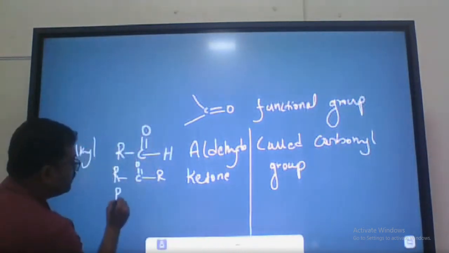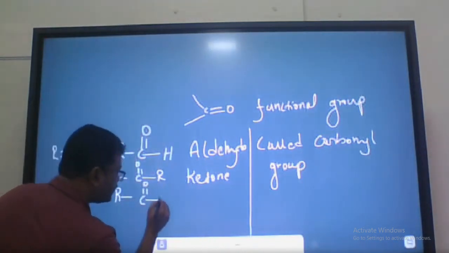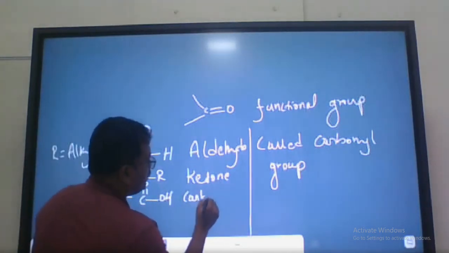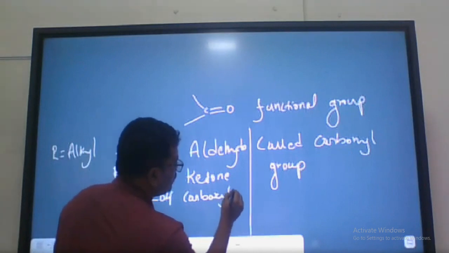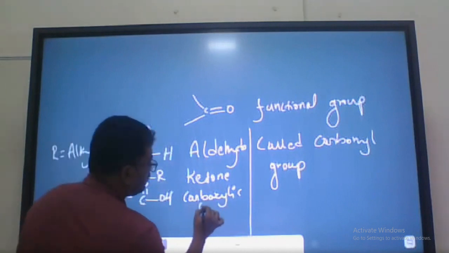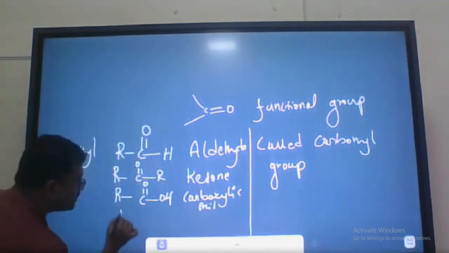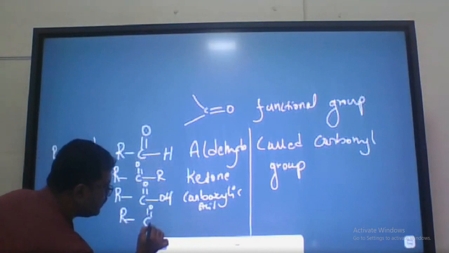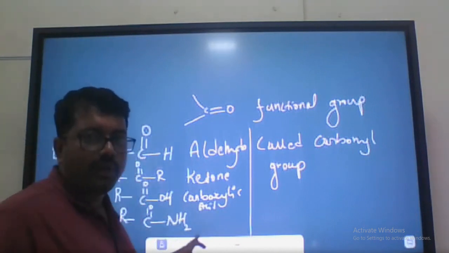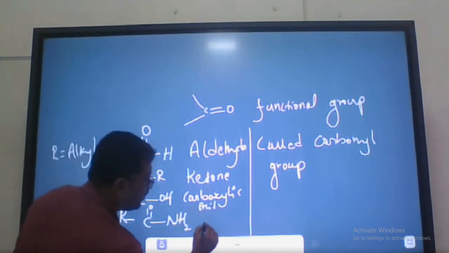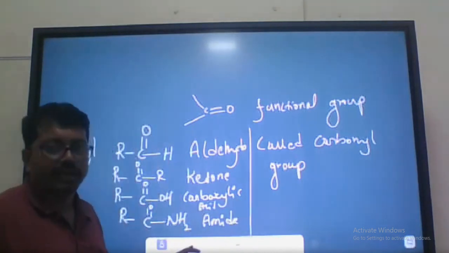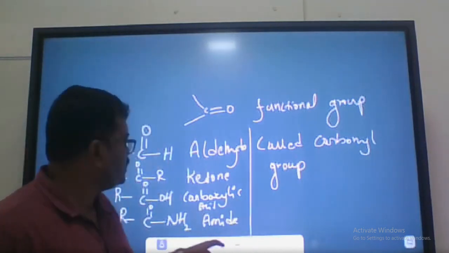If this is attached to the OH group, this is carboxylic acid. If the CO group is attached to amine, meaning NH2, then it's called amide.